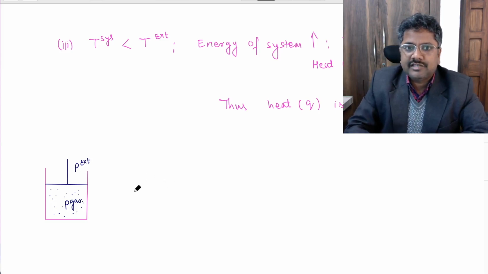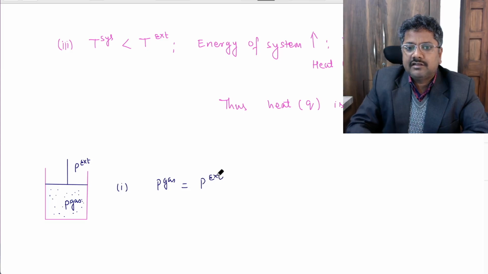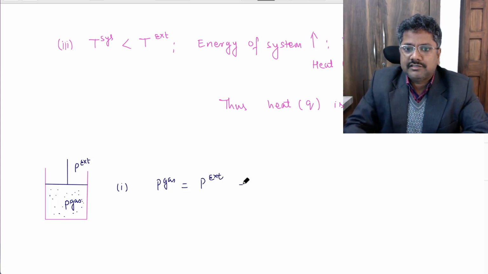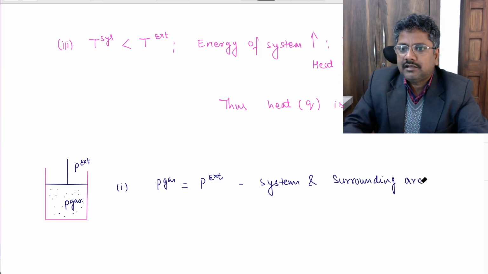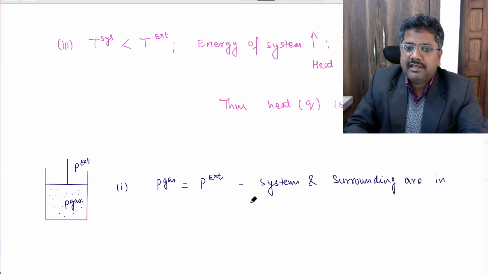In this first situation I am taking P gas equal to P external. So the system and surrounding are in mechanical equilibrium.